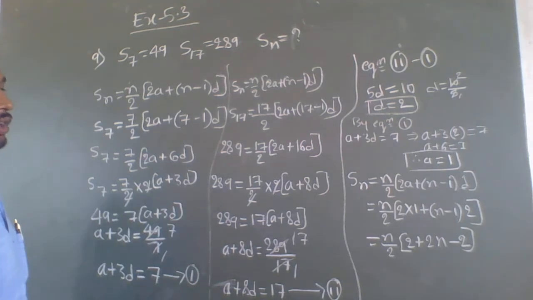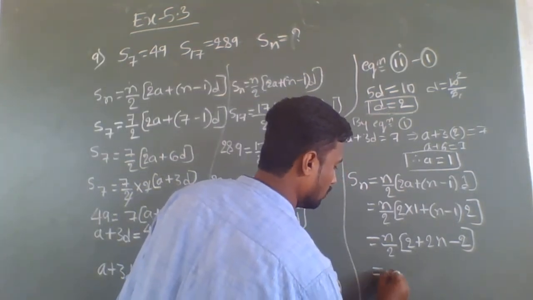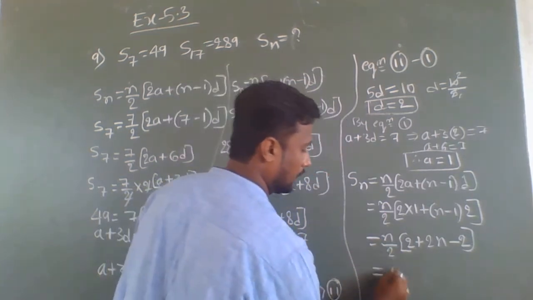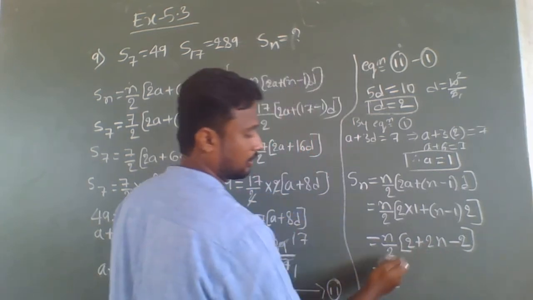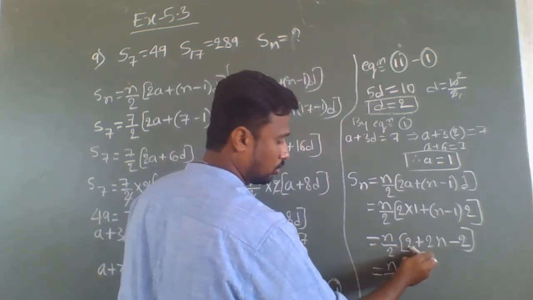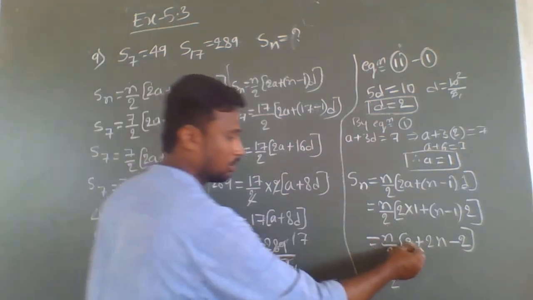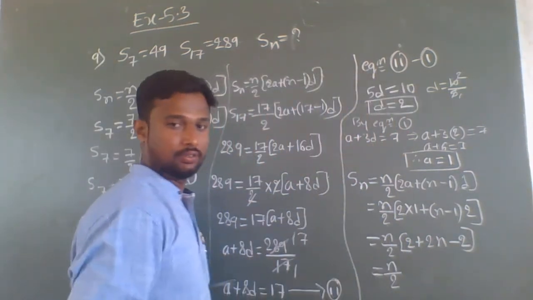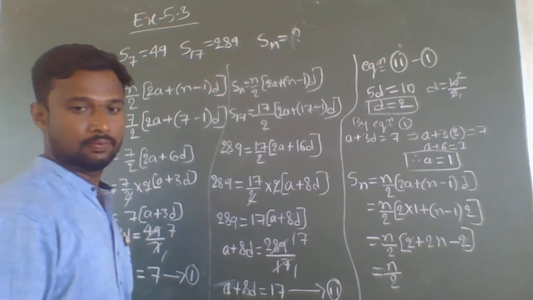Next step, I will write n by 2 as it is, and in this bracket we got 2 plus 2n minus 2. Here 2 minus 2 means 0 only.